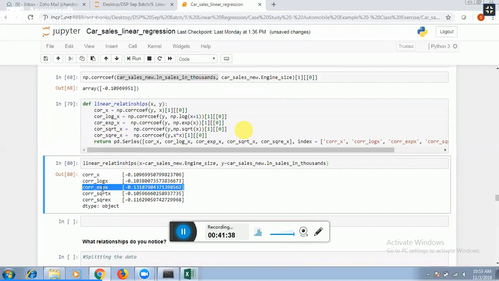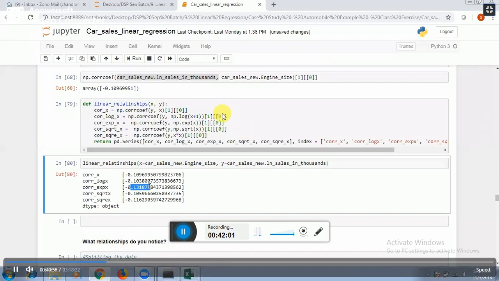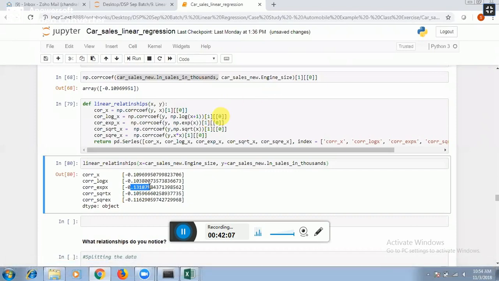Because the correlation with the exponential of X is giving you a high correlation, that is what we need to consider. Minus or plus, correlation coefficient can be positive or negative. If the value is close to 0, it does not have a linear relationship. If it is close to -1, it is a very strong negative linear relationship. If it is close to +1, then it is a positive linear relationship.